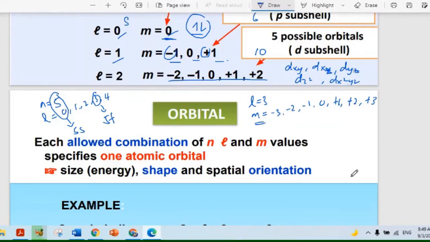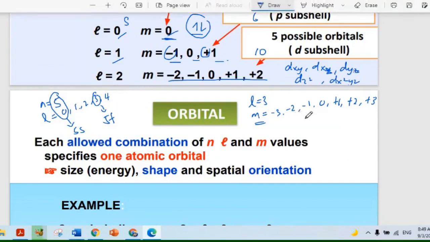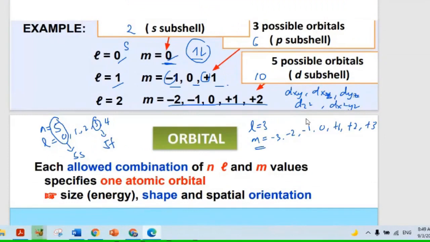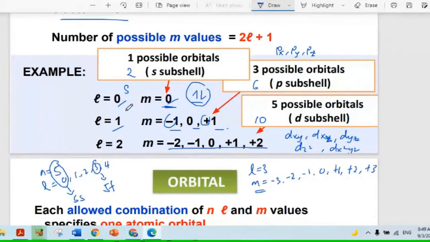When L equal to 3, M from -3 to +3, so how many orbitals? 7. Yes, very good. 7 possible orbitals.